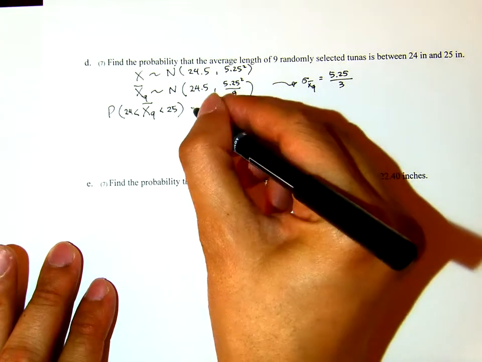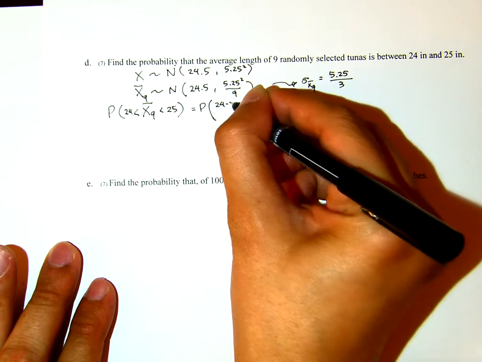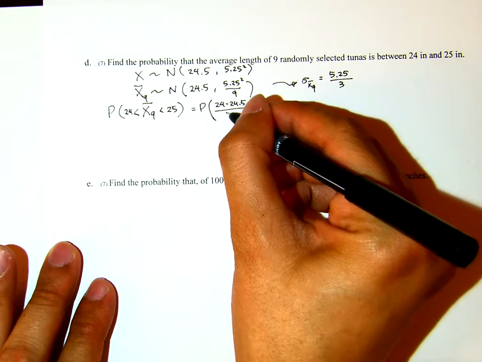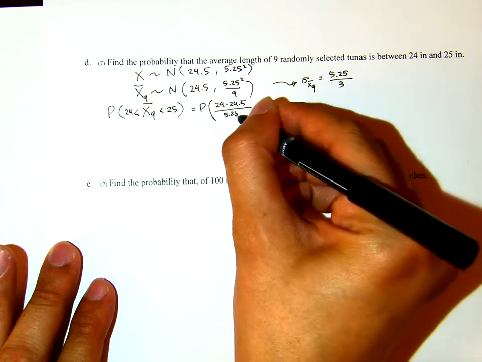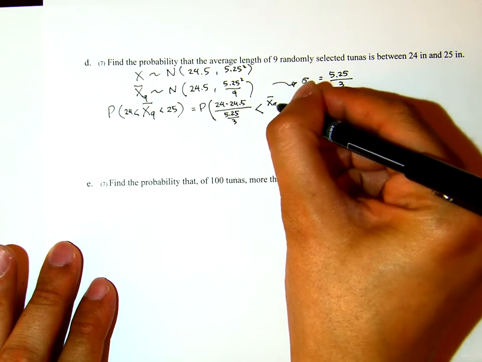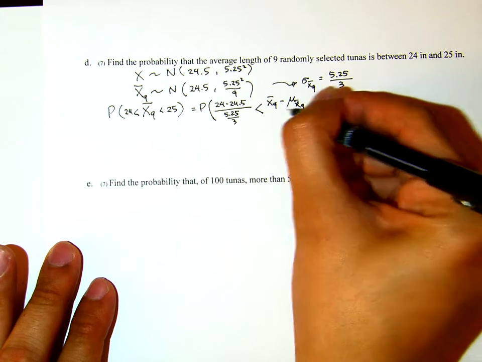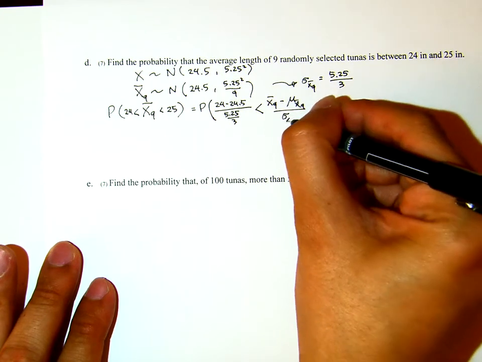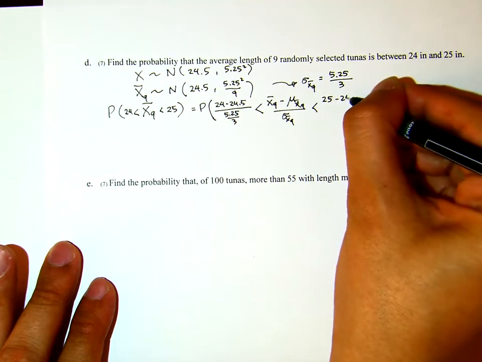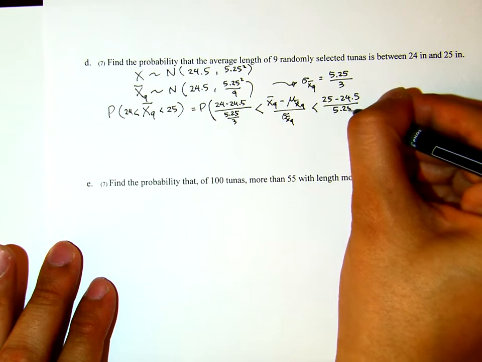Now what I will do first, I will standardize that. This will be longer: 24 minus 24.5 over the standard deviation 5.25 over 3, less than x bar 9 minus mu of x bar 9 over sigma of x bar 9, less than 25 minus 24.5 over 5.25 over 3.